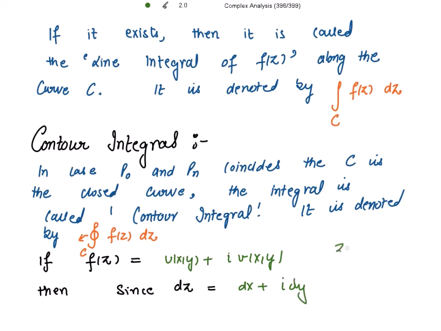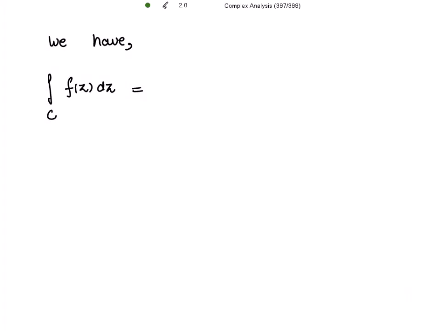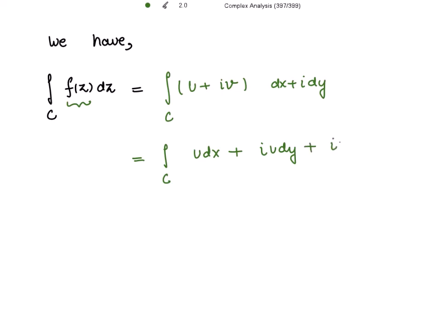Then the line integral of f(z) dz over C is the line integral of (u plus iota v)(dx plus iota dy), which equals the line integral of u dx plus iota u dy plus iota v dx minus v dy.